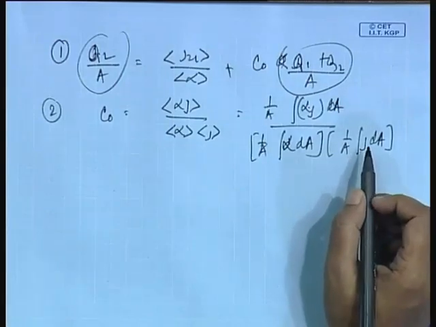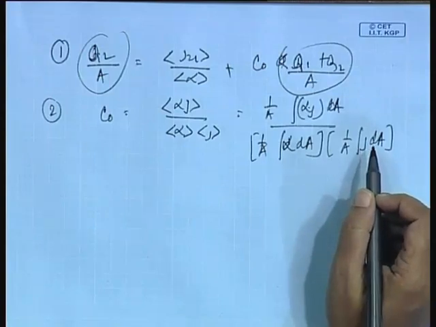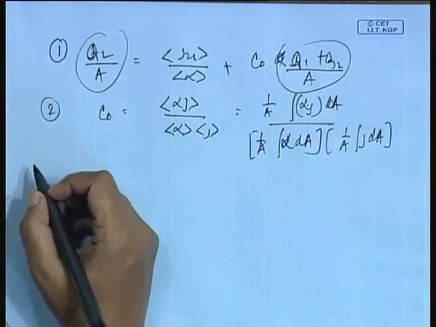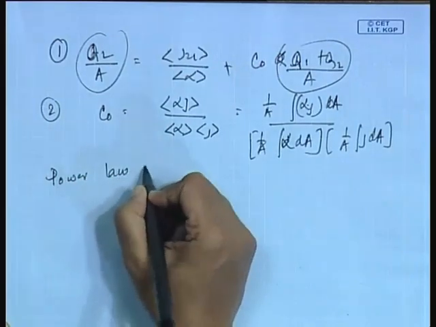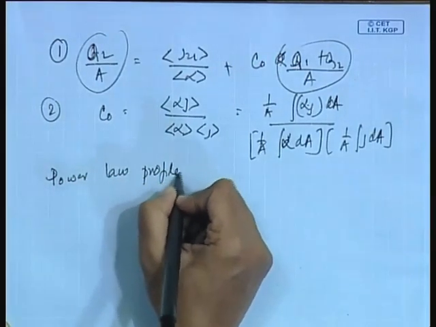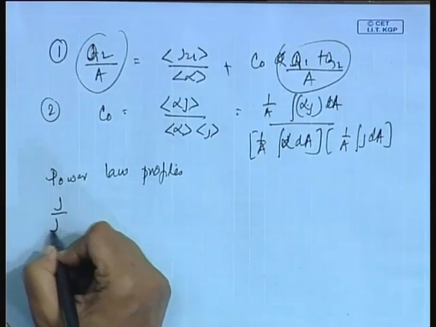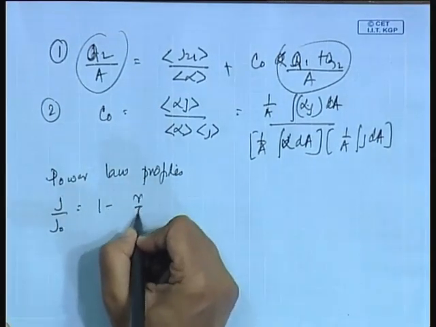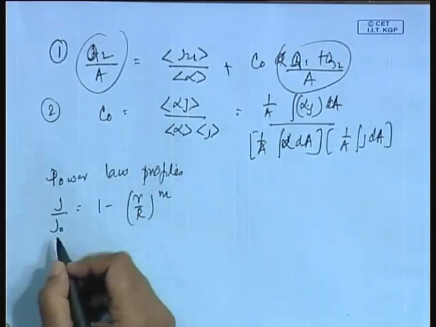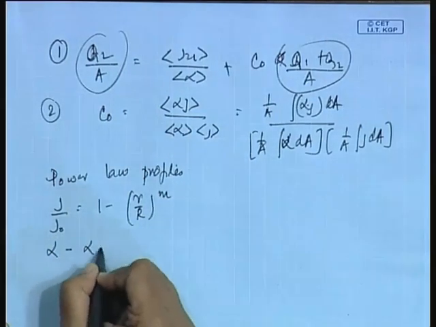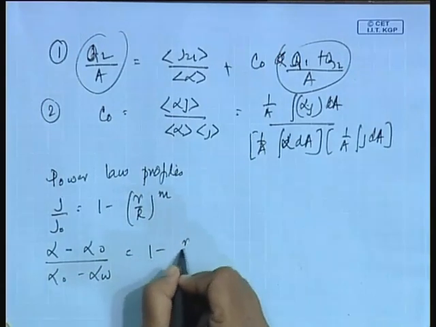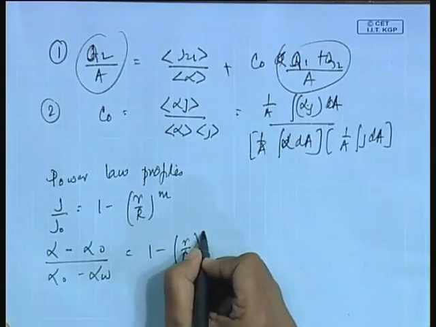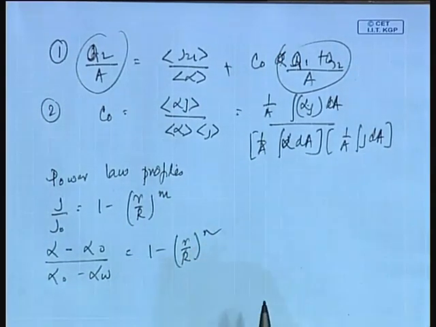Usually we assume parabolic or power law profiles. Usually the type of profiles which we assume are power law profiles, which give you j by j0 equals 1 minus r by R whole to the power m, and alpha minus alpha w by alpha 0 minus alpha w equals 1 minus r by R whole to the power n. Okay. Usually we have such power law profiles.